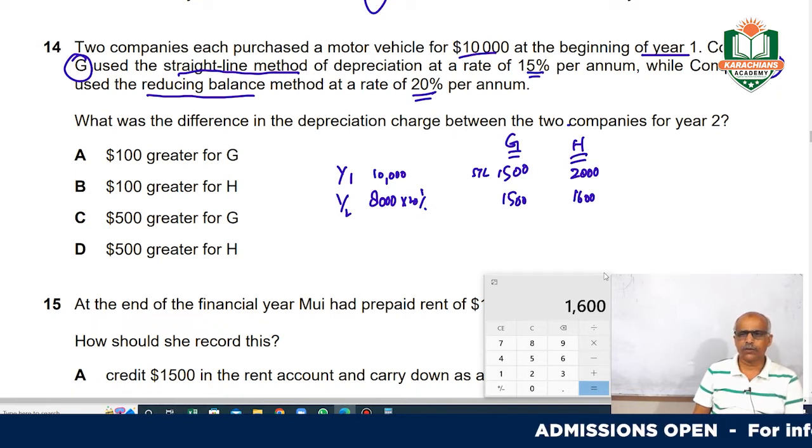So from 2,000 to 1,600, and next year it will reduce further.